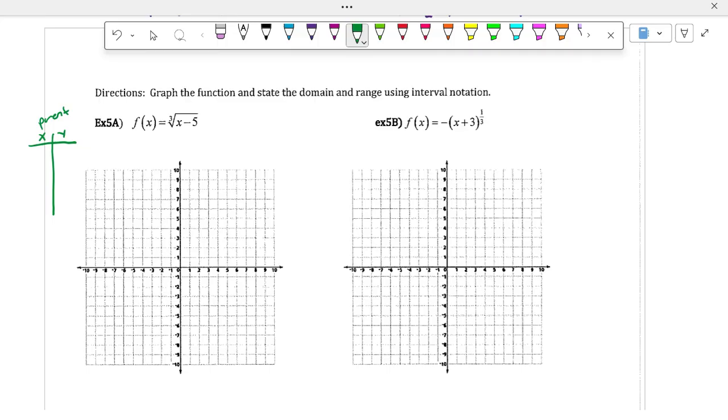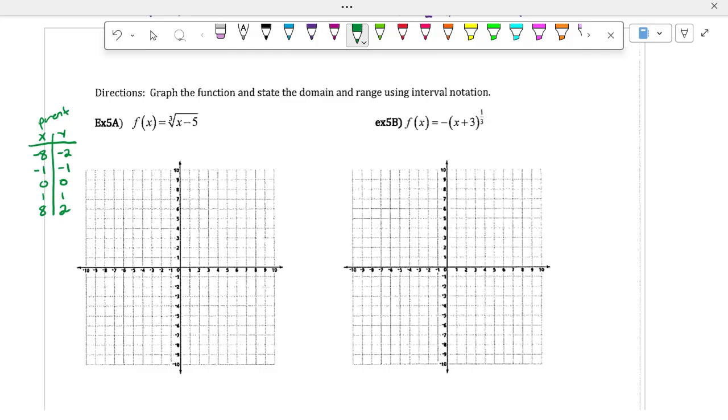What's the parent table for a cube root function? -8, -2, -1, -1. Good. So you got to be keeping that in mind as you're doing cube roots. Meaning, you need to start with some negative numbers or some very small numbers.